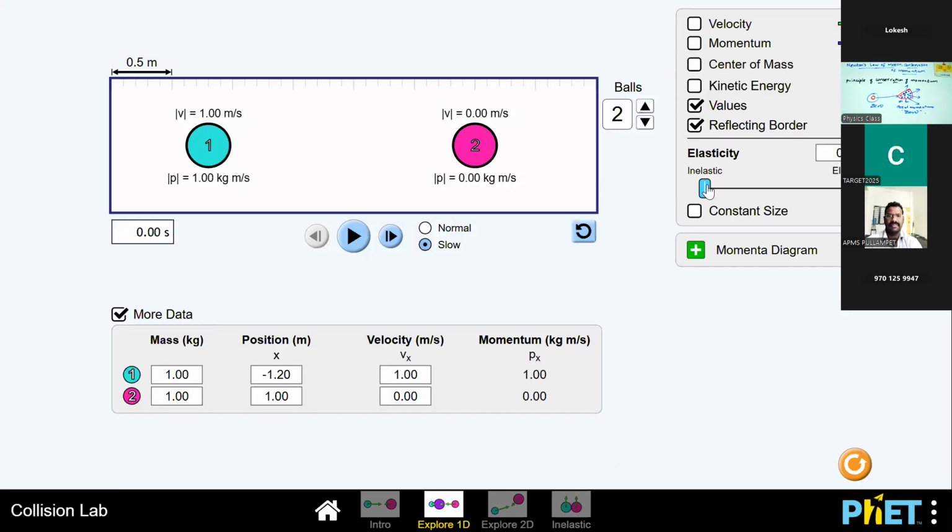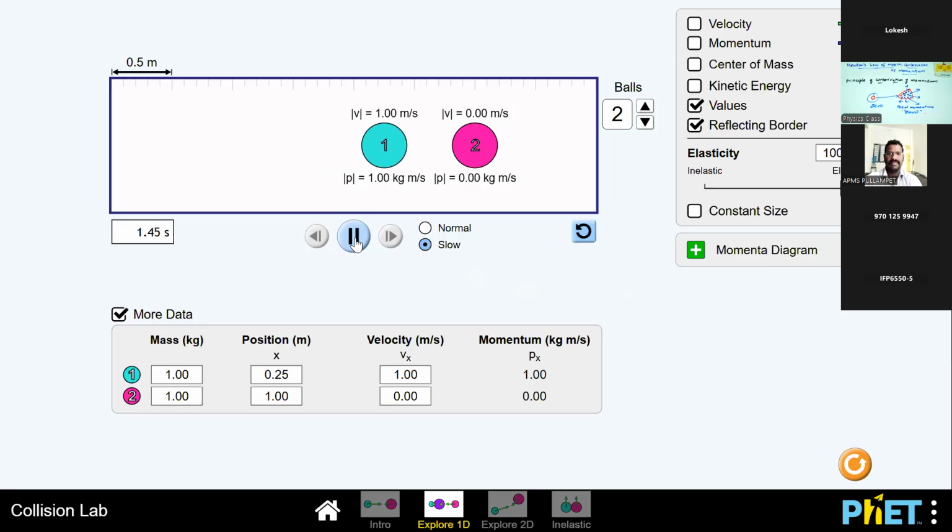You can change the elasticity like this, which gives elastic collision and inelastic collision. So set elasticity to 100%. It denotes a perfectly elastic collision, that means no energy losses. So now run.